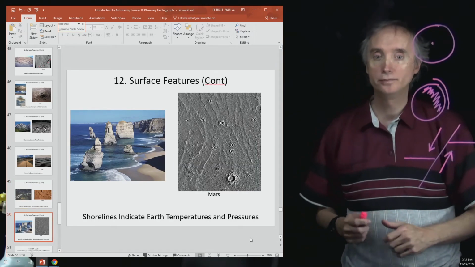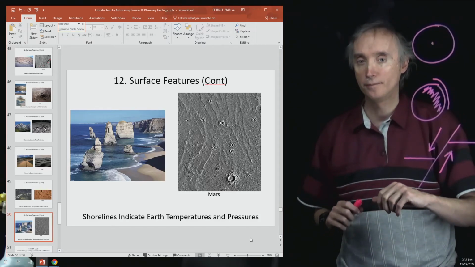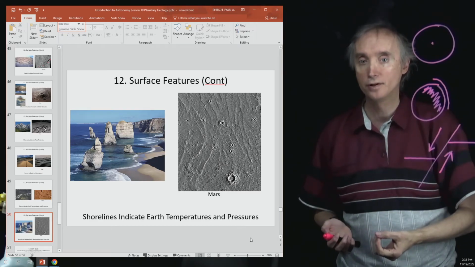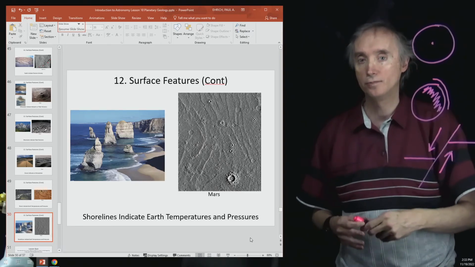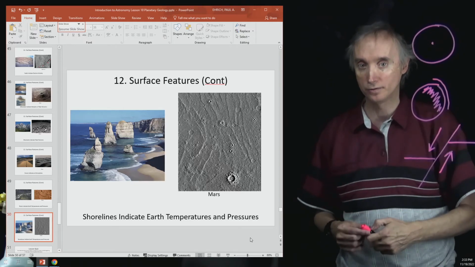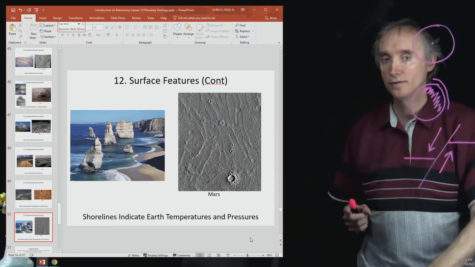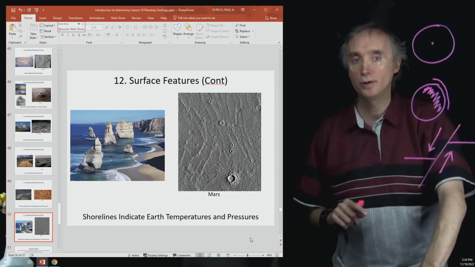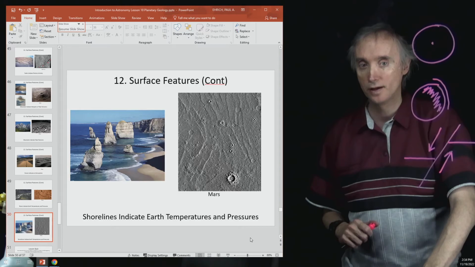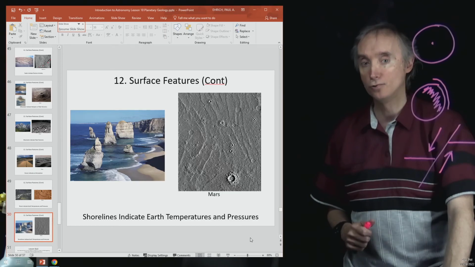And then this last one is shorelines. Anytime that you see rocks sticking up out of the ground next to an ocean, those rocks were formed as a result of wave action acting on those rocks. In the picture on the left-hand side, that's a picture of what they thought were terraces on Mars, and that was their proof that at one time Mars had oceans.